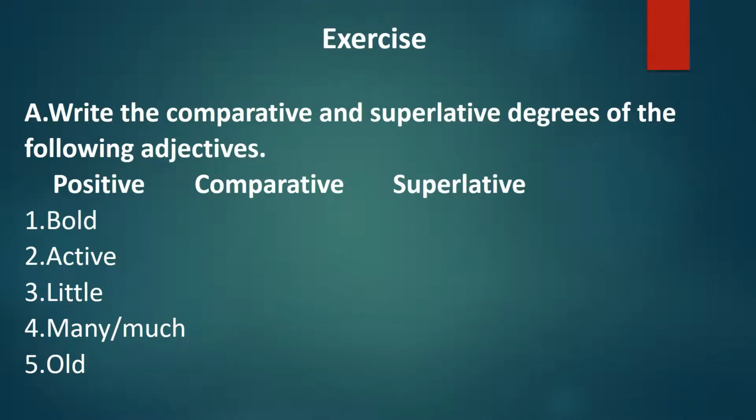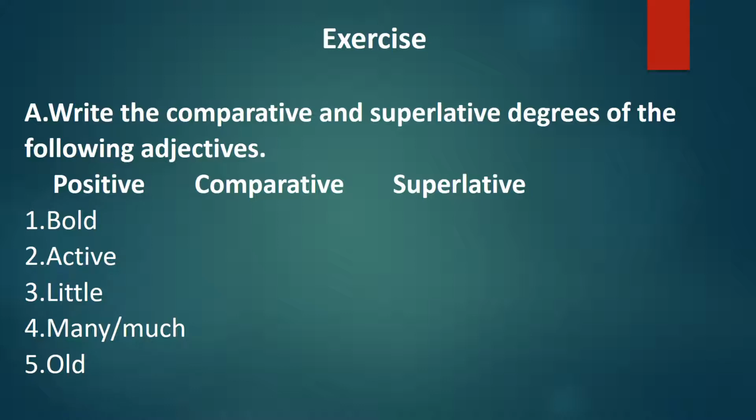Students, I hope the chapter is clear to you now. Now let's start with an exercise. In this exercise, you all have to write the comparative and the superlative degrees of the following adjectives. The positive adjective is given to you.